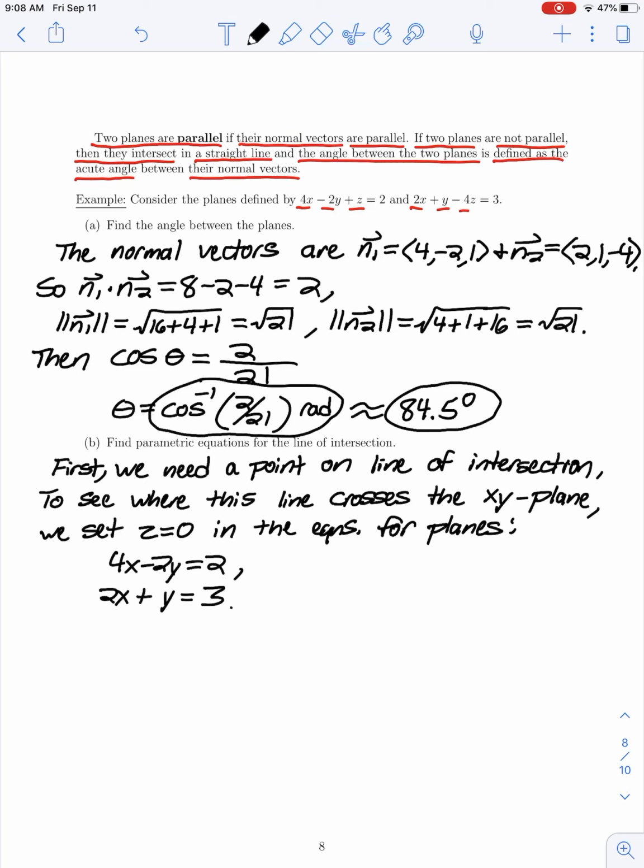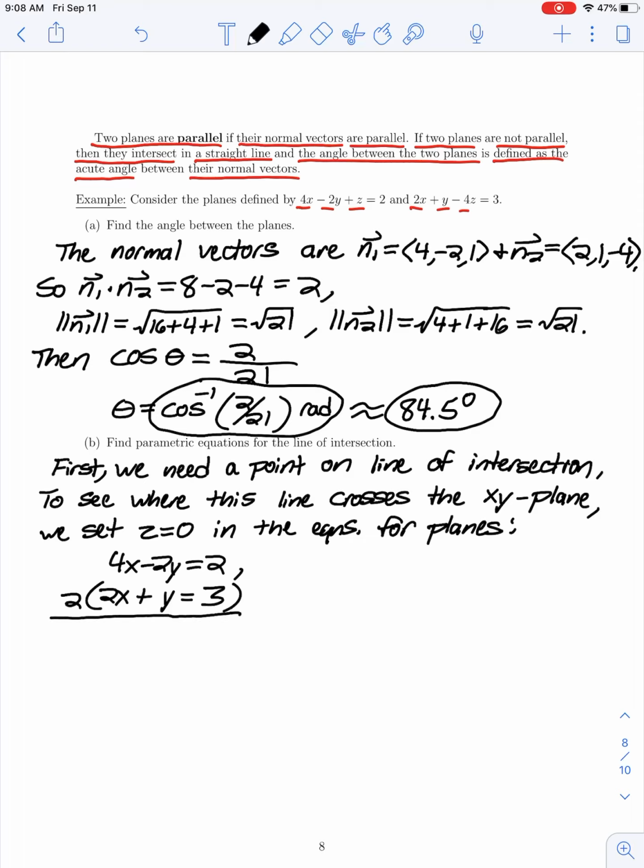So let's see if we can solve this system of equations for x and y. There are a few ways that we could go about doing this. One thing that I might do would be to multiply my second equation by 2 so that I have a 4x plus 2y.